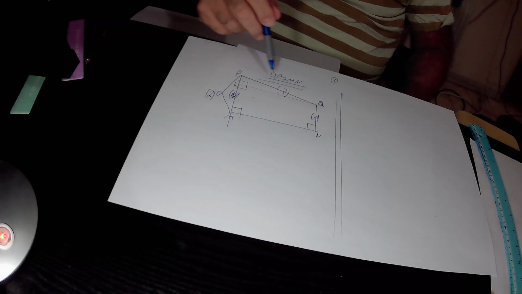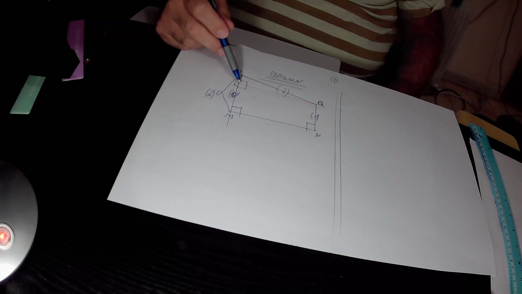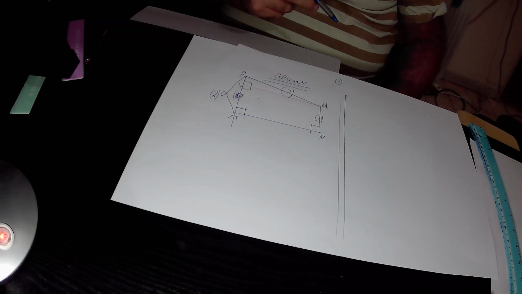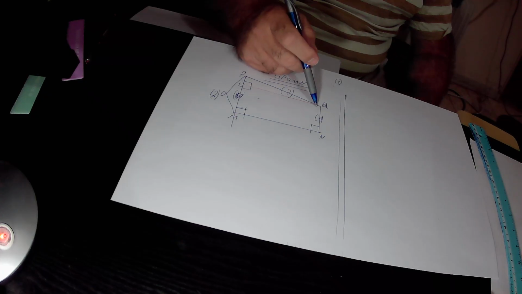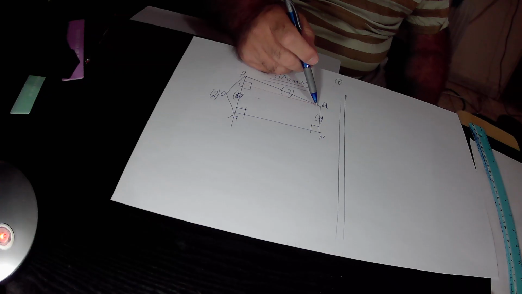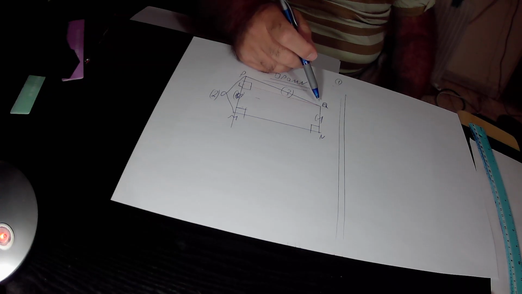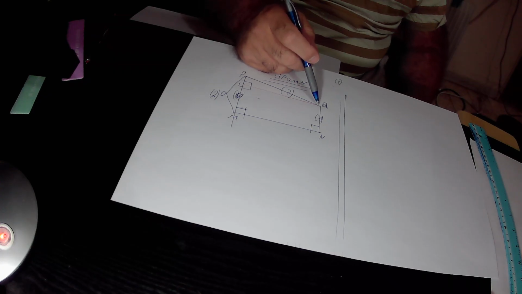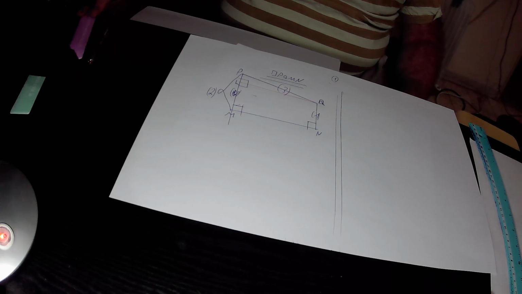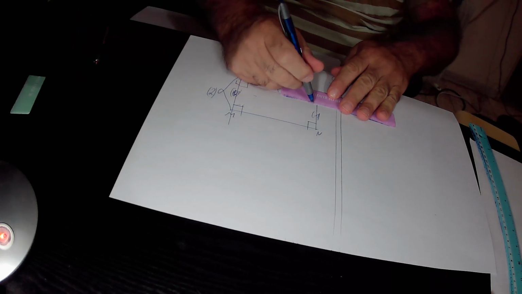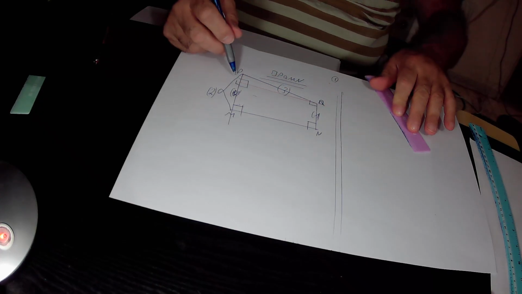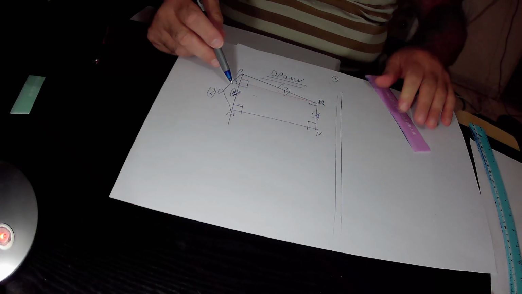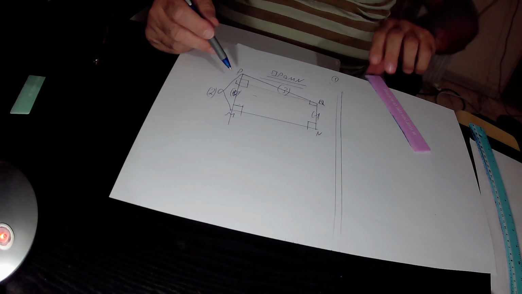Inside this small quadrangle LQNM, we have 1, 2, 3 right angles, and therefore the fourth angle must also be equal to 90 degrees, according to the rule that the sum of the angles in any quadrangle is equal to 360 degrees. So in this small quadrangle LQNM, we have 4 right angles, and therefore it is a rectangle.